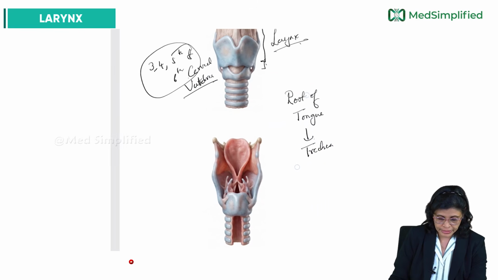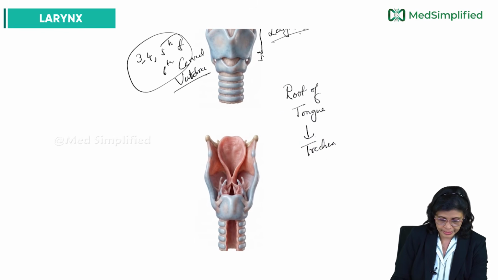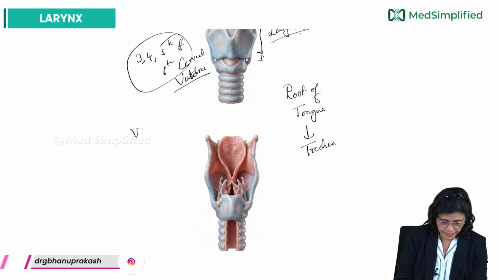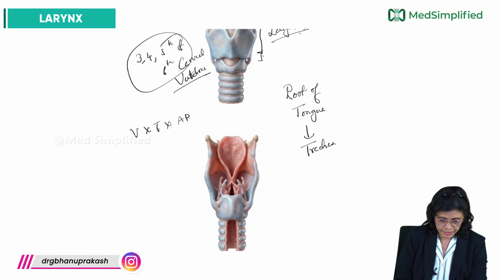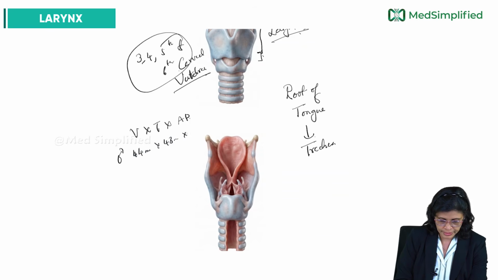When we see the measurements of the larynx, vertical into transverse into anterior-posterior diameter, in males it is about 44 millimeters into 43 millimeters into 36 millimeters.